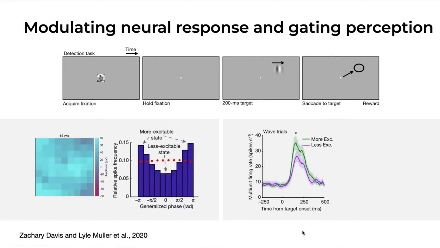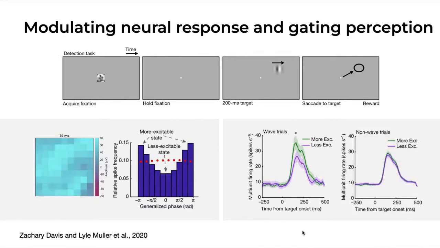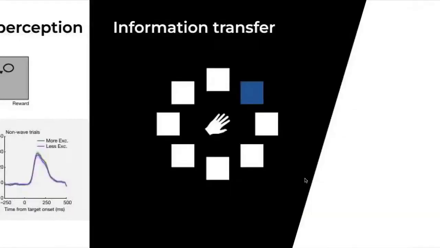And remarkably, when they investigated trials where they could not detect any waves, this was not the case. So it seems that traveling waves specifically would modulate the response to this visual target and therefore gate perception.